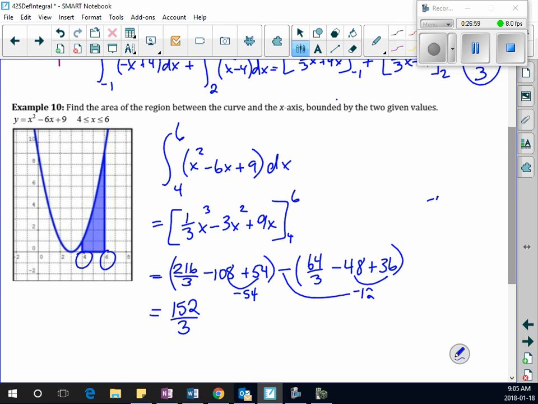So minus 54 plus 12 is minus 42. So this doesn't divide by 3, so I'm going to actually do the subtract. So 42 is 126 over 3. So 152 over 3 subtract 126 over 3 gives me 26 over 3.